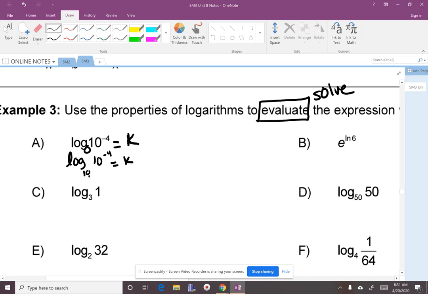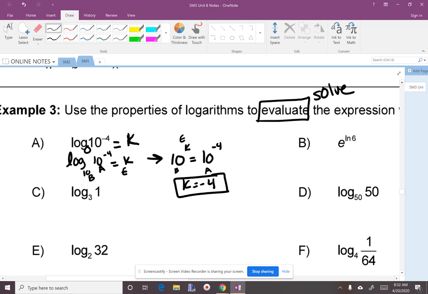I'm going to go base, answer, exponent, would tell me that I'd have 10 to the K equals 10 to the -4. Here's my base, here's my exponent, here's the answer that I had. Okay, so if that's the case, this goes back to our 8.1 assignment where I know that K equals -4.